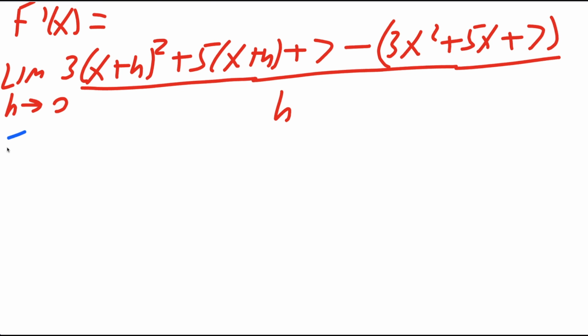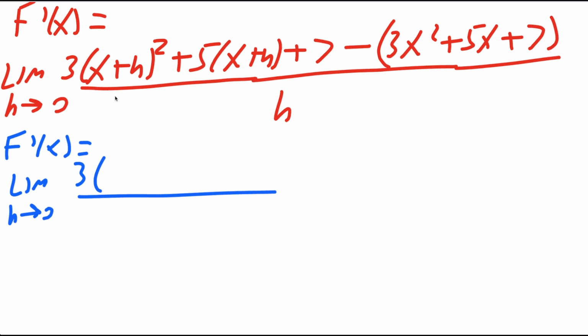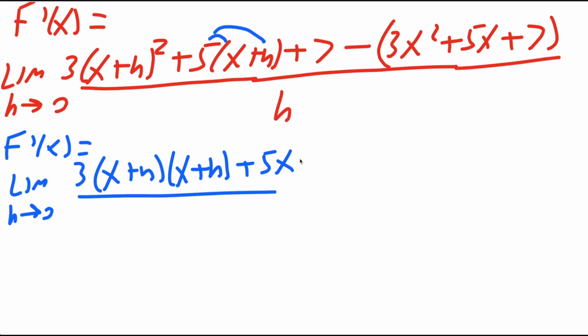So now we're going to expand it and continue this process. So the limit as h approaches 0, so we're going to have 3. Instead of (x plus h) squared, you can say (x plus h) times (x plus h). This piece we can expand, so 5 times x and 5 times h.